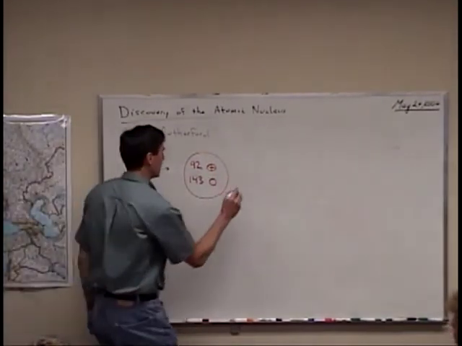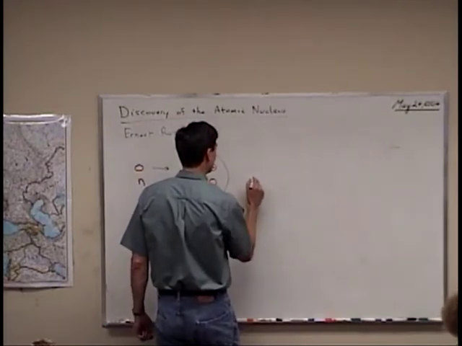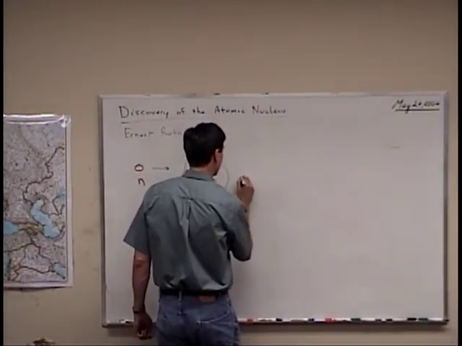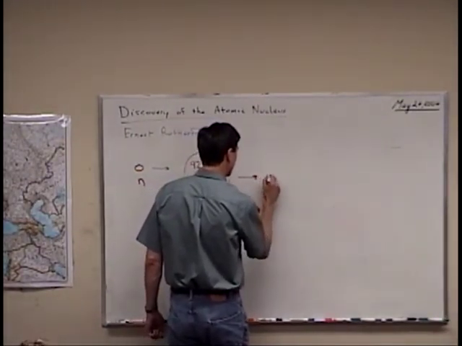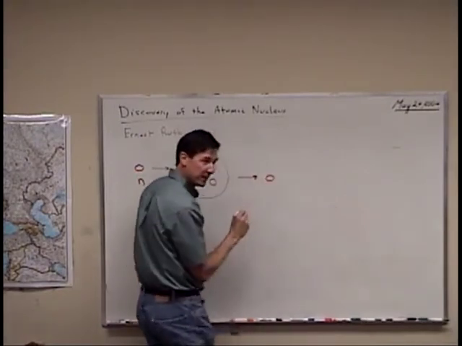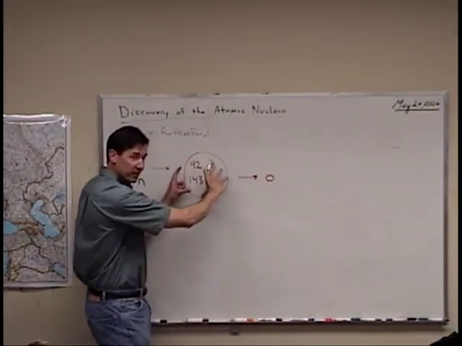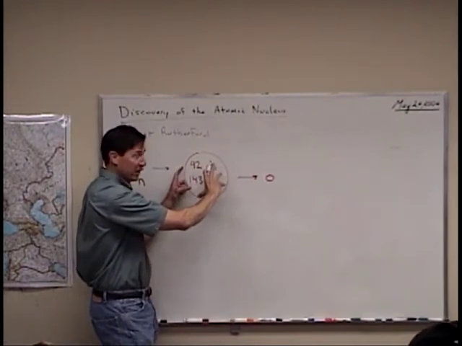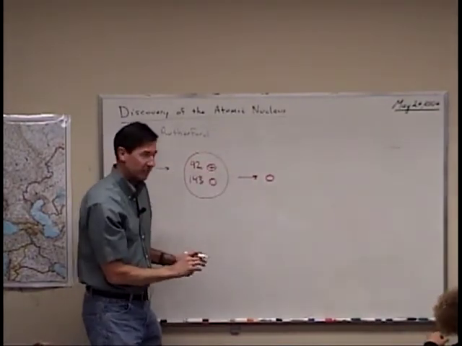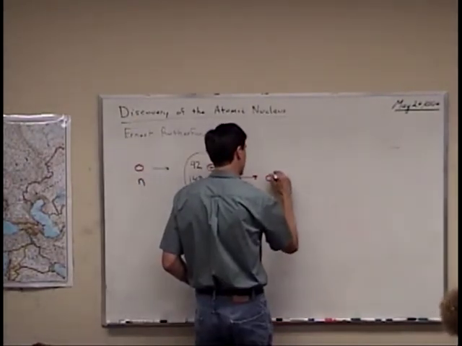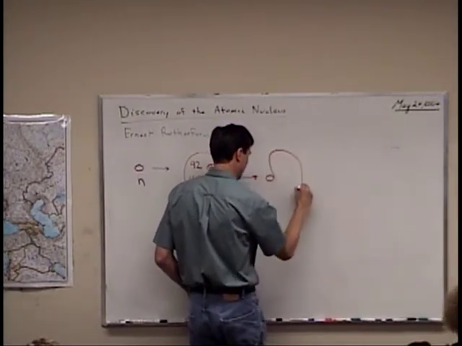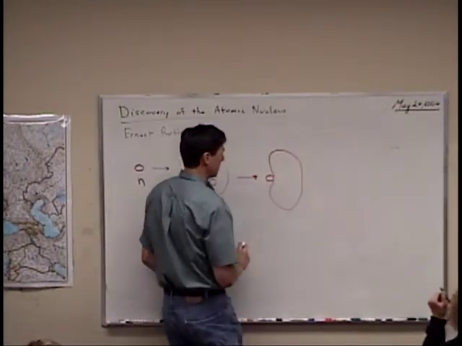Now, what's going to happen? When the neutron hits, it deforms this nucleus, which is originally more or less spherical. It bends it, say, into some shape like this.